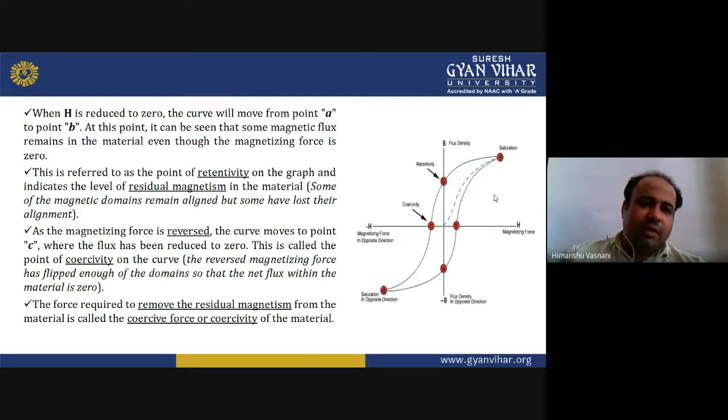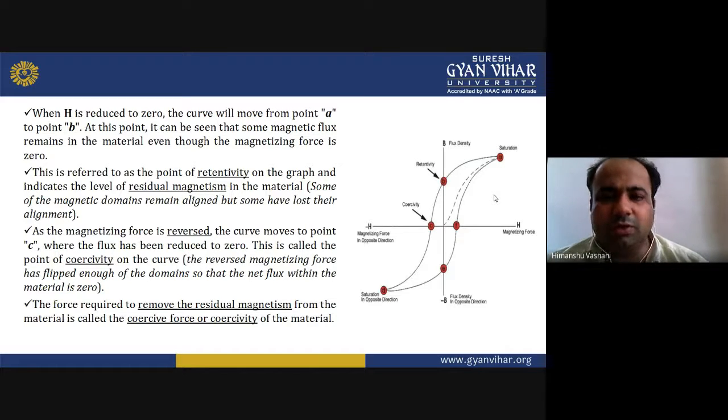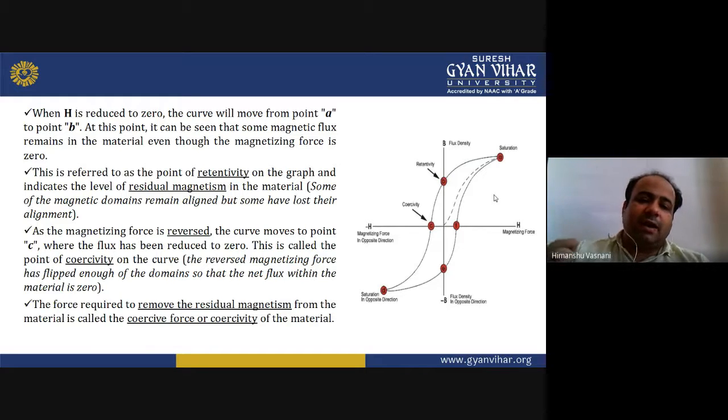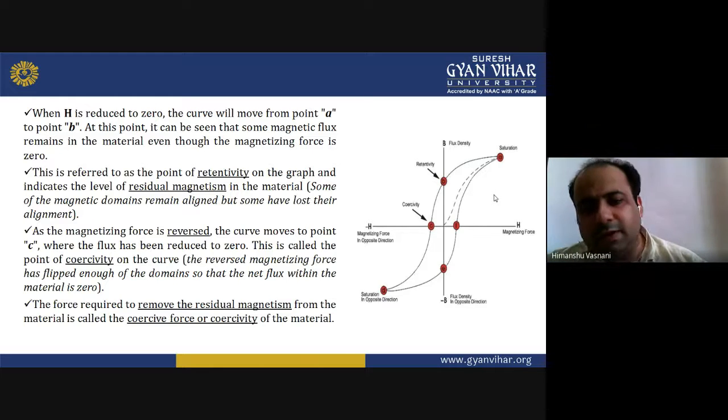Now, as the magnetizing force is reversed, the curve moves to a point small c, where the flux has been reduced to zero. This is called the point of coercivity on the curve. That is, the reverse magnetizing force has flipped enough of the domains so that the net flux within the material is zero.